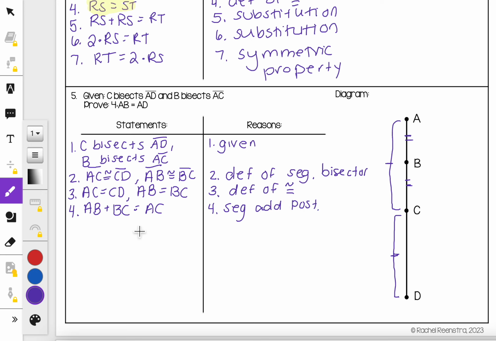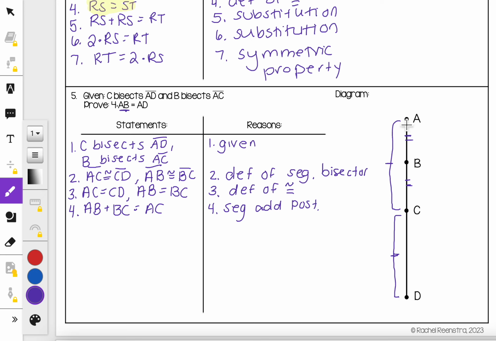That's the first segment addition postulate I'm going to use. And I know that AB is equal to BC. If I look at my proof, I'm trying to get this whole segment AD all in terms of AB. I'm trying to show that this whole segment AD here is 4 of the lengths of AB. You can kind of see that in the diagram, but we just need to formally prove it.